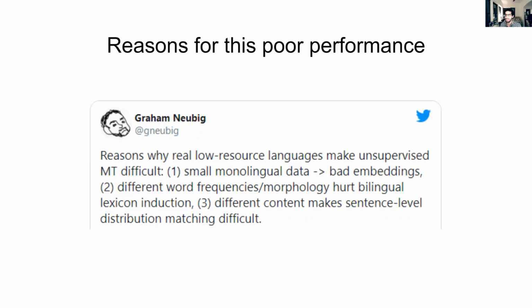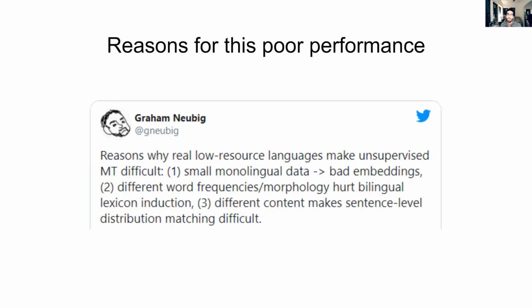And if the languages are diverse, distant, with different morphology, then the assumption that the word embedding spaces are isomorphic, that they can be linearly transformed into one another, is also not very true anymore. So bilingual lexicon induction is also hurt. So initialization is bad, and if initialization is bad, then the model performance will be bad as well.